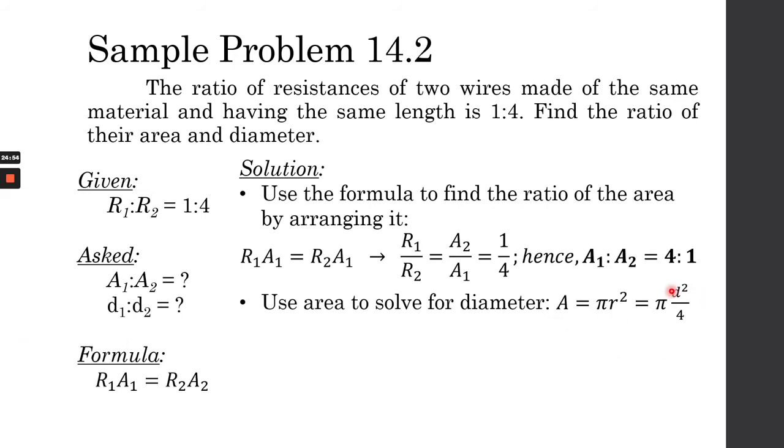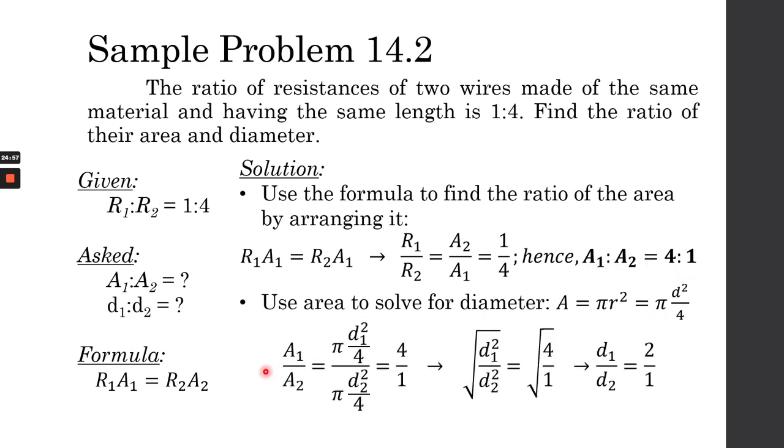So we can substitute this to our A1 and A2, and we'll get that the ratio between the diameter of the first wire and the second wire is 2 is to 1. So, ganun natin makukuha yung ratio.